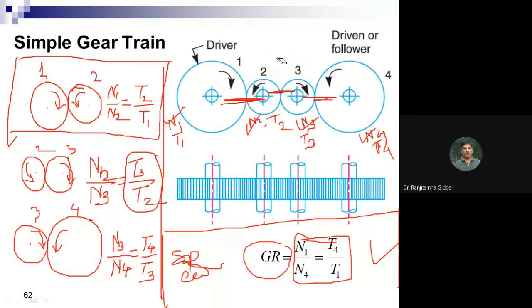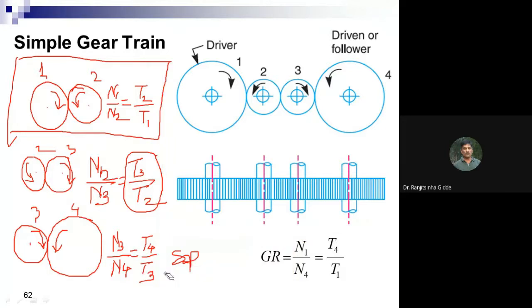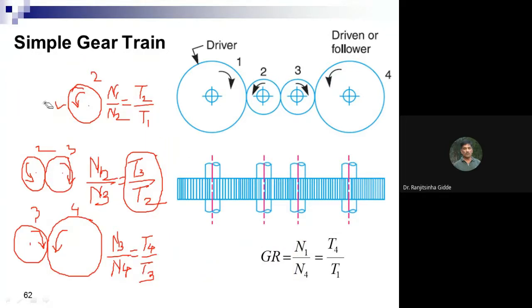Now let us check how we can get the value for this speed ratio for this combination. Okay.